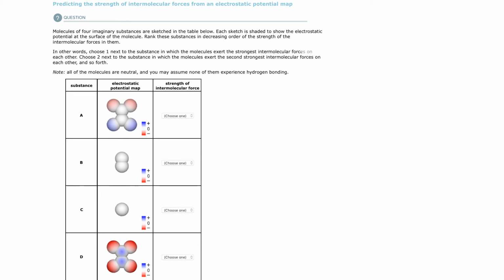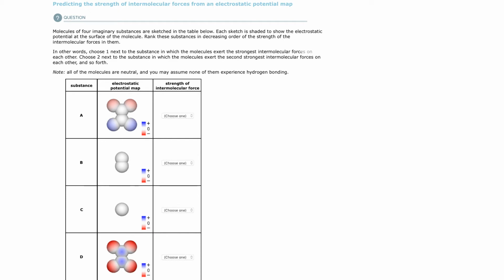Okay, so all of these are going to have dispersion forces, and we've already done some work with that. We know that the bigger the molecule is, the more dispersion forces you're going to have, and the strength of that intermolecular force is higher when you have more dispersion forces. So let's look at just A, B, C, and D for dispersion forces. C is going to have the lowest, because it's just one atom.